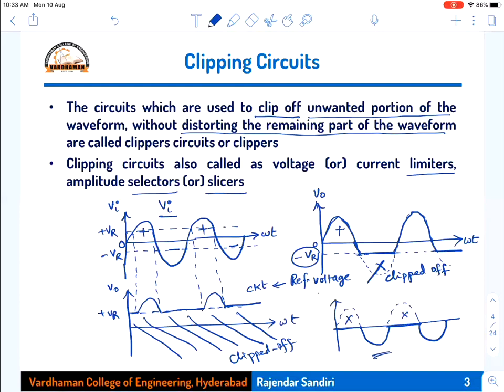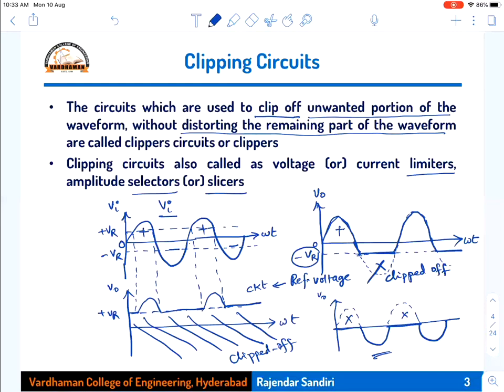We can either clip off the positive portion or the negative portion, or we can clip off both, positive as well as negative side. Those are called double clippers. So we have single level clippers and two level clippers.